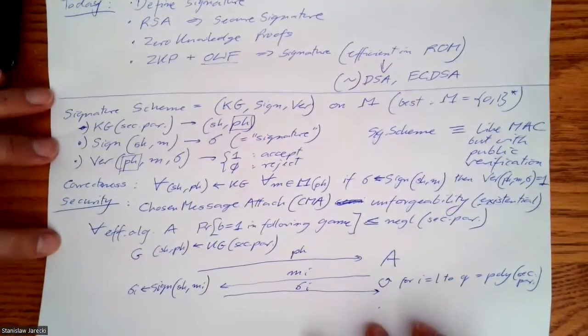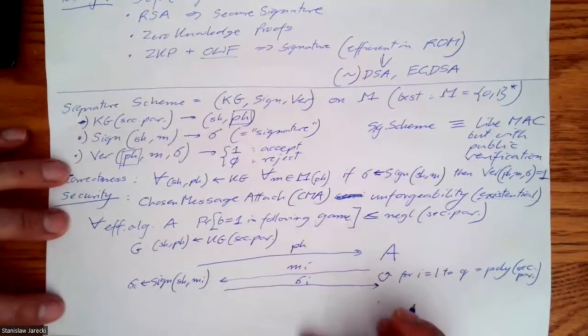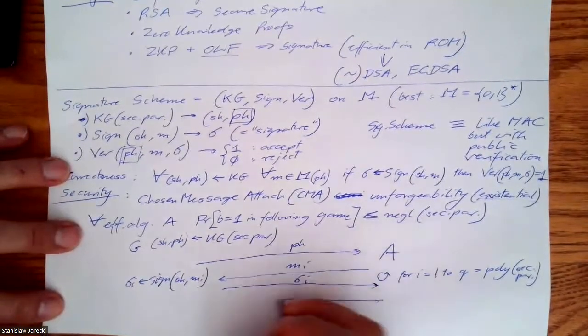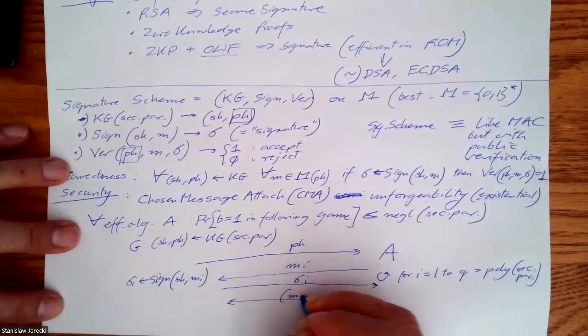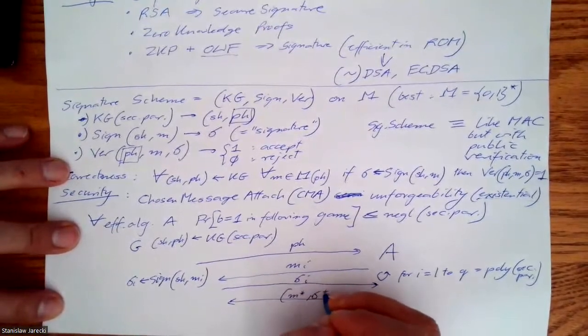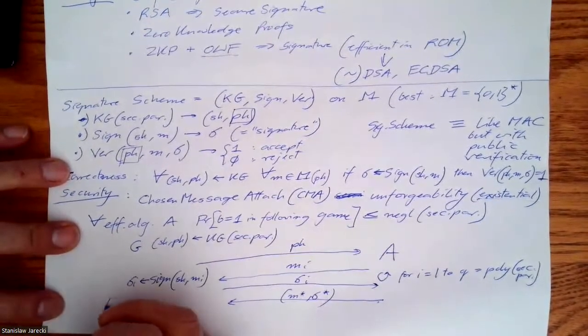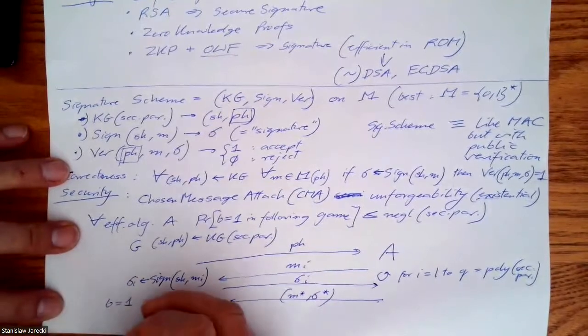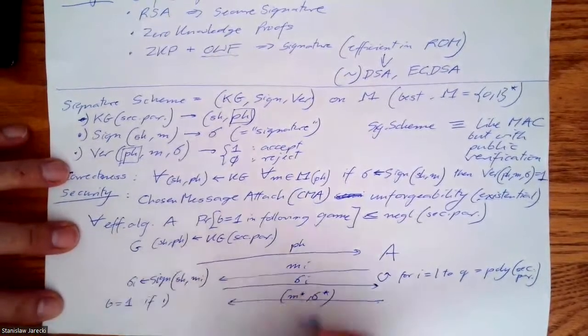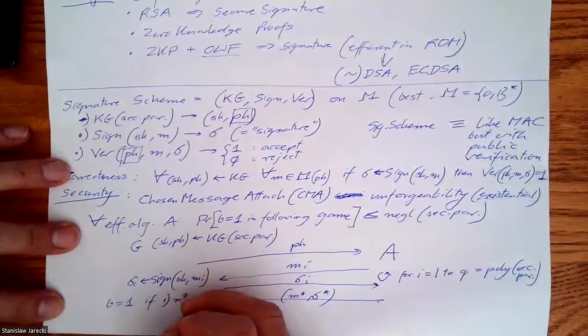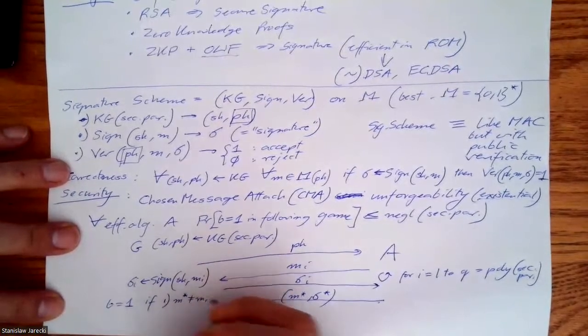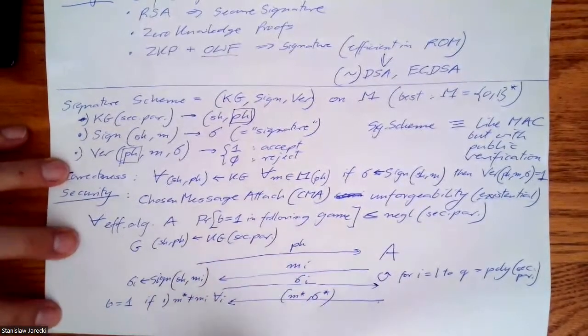Okay. And finally, he's outputting some message and purported signature pair, and he wins. So we set the bit to 1 if, first of all, the message is new, so M star is not M_i for all i, right?